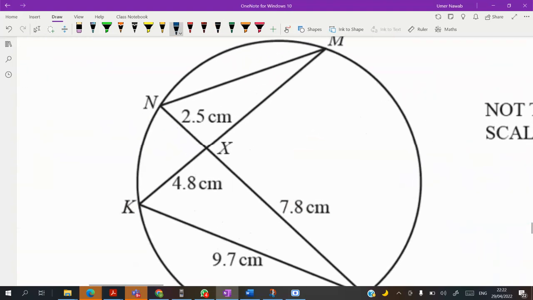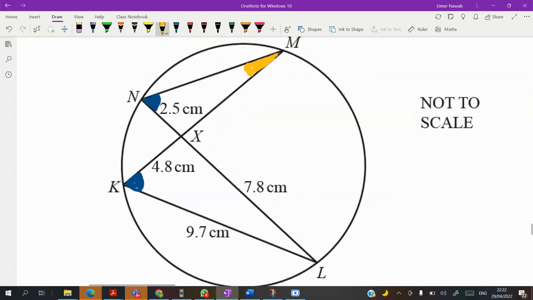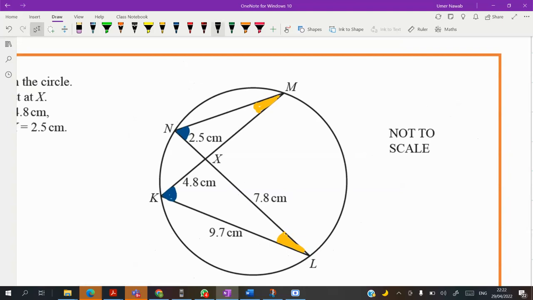This angle is the same as this angle, and this angle is the same as this angle in the same segments, and x is the vertically opposite angle. The two triangles are similar.